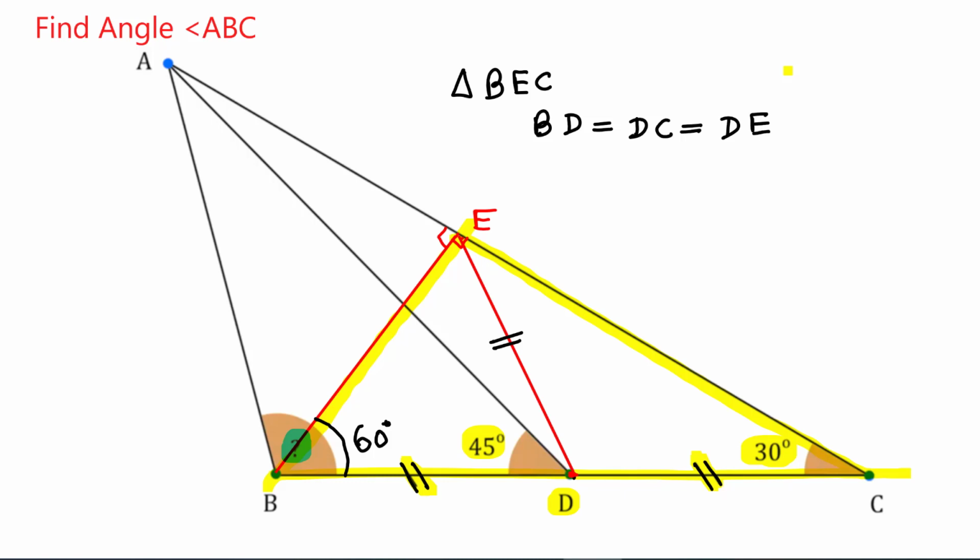So once I know that this length is equal to this length, then if you consider triangle EDC, this triangle is an isosceles triangle. So in that case, this angle will be again 30 degrees. If this angle is 30 degrees, and the sum of the angles in a triangle is 180 degrees, this angle will be 120 degrees.